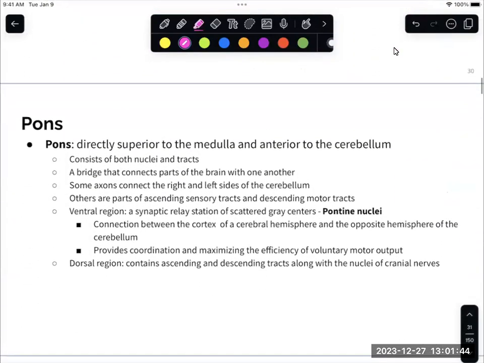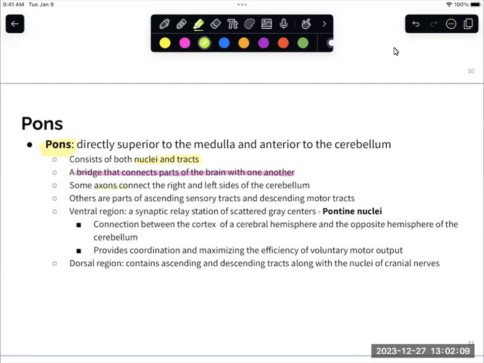The next one up, we come to our pons. We have nuclei and tracts found within our pons, just like we did in the medulla. The pons kind of acts as a bridge that connects parts of the brain with another area in the brain.